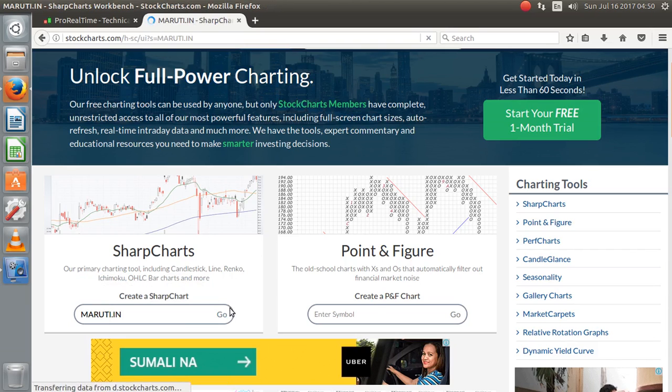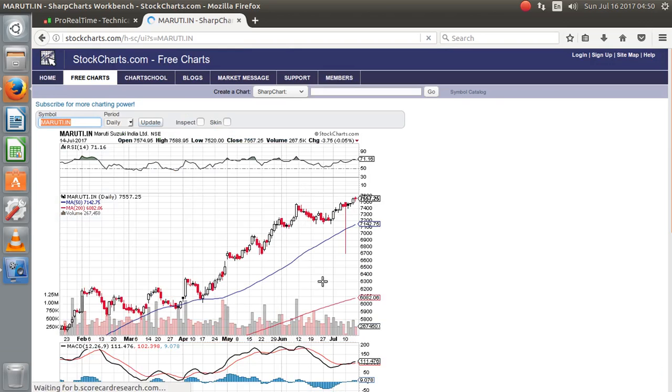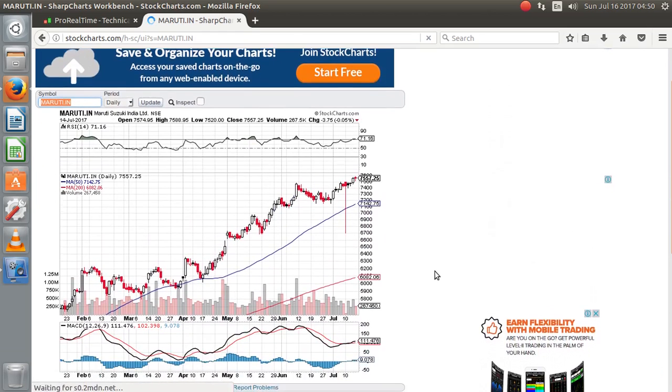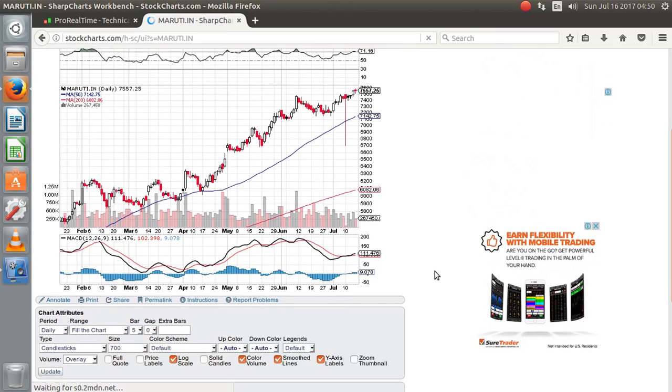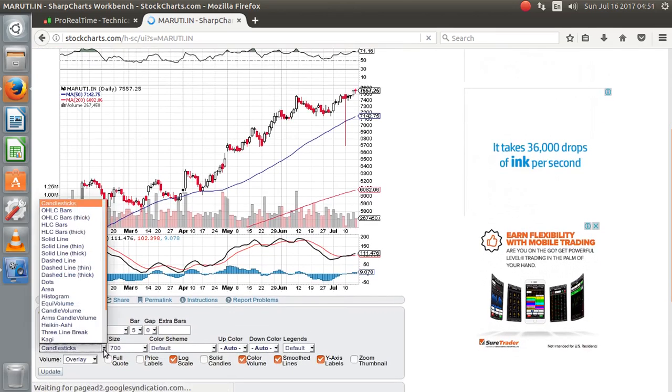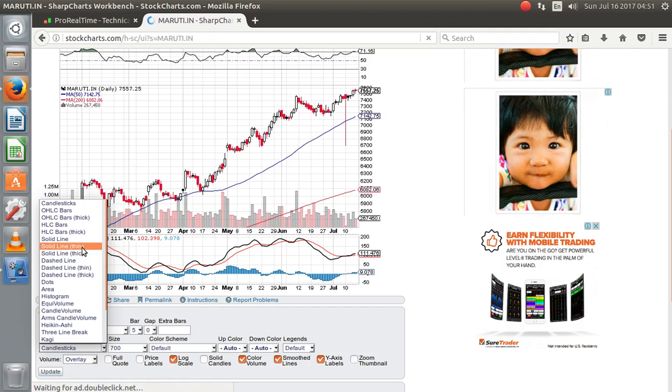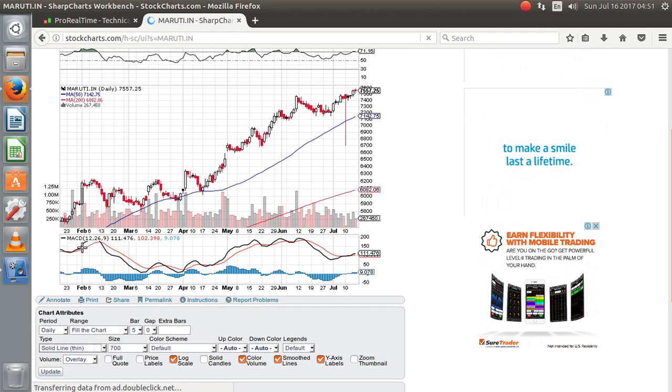Okay, right there. By the way, these are candlesticks. We'll be talking about candlesticks in a later video. Right now, I just want to show you first the line charts. So we click on the type of chart here, and we go to solid line. And update.